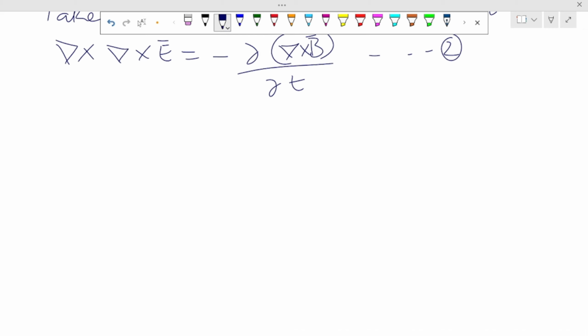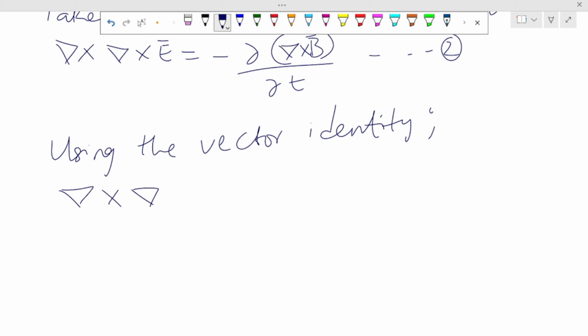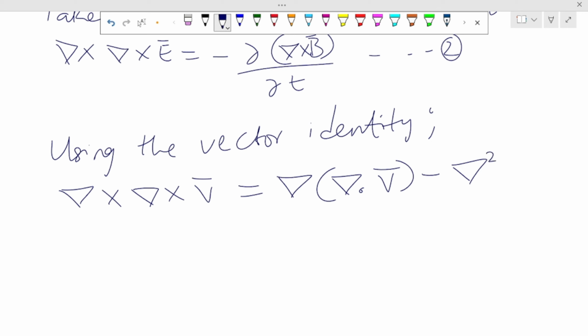Using the vector identity, which is this: if you have the curl of the curl of a vector, let me use V for a vector, that is the same thing as the gradient of the divergence of the vector minus the Nabla squared, that's the Laplacian, of the same vector.